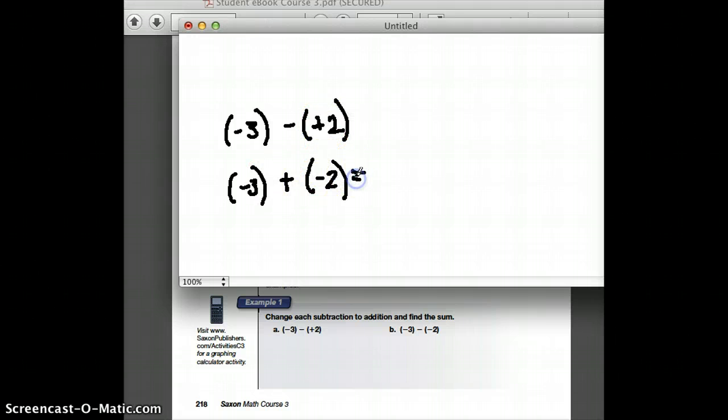So -3 plus -2. If I had a debt of $3 and I had another debt, that's going to give me -5. So that's one way to think of it.